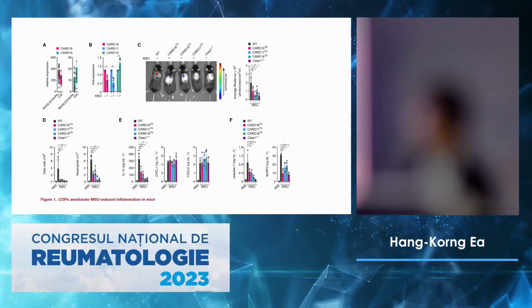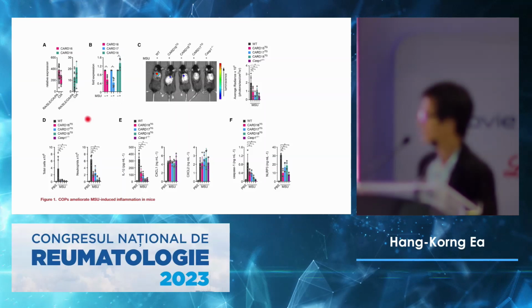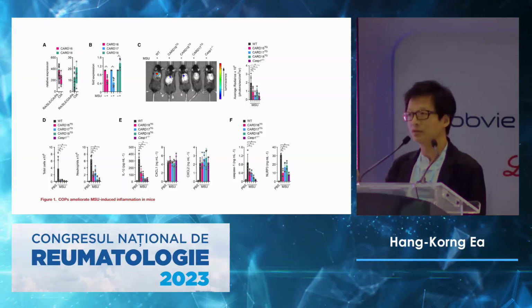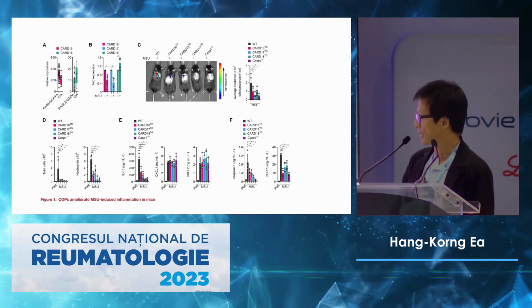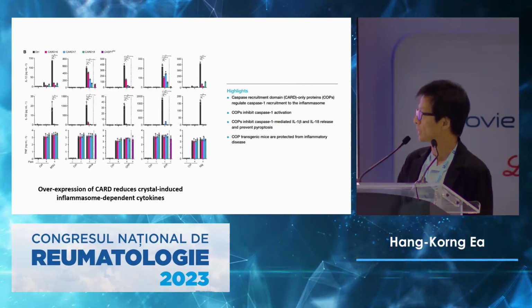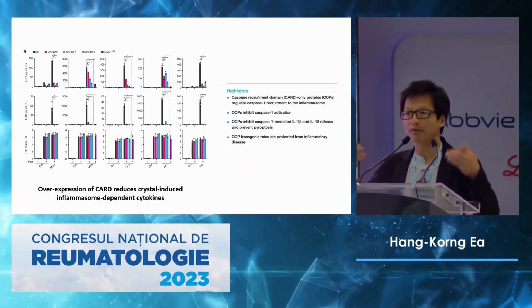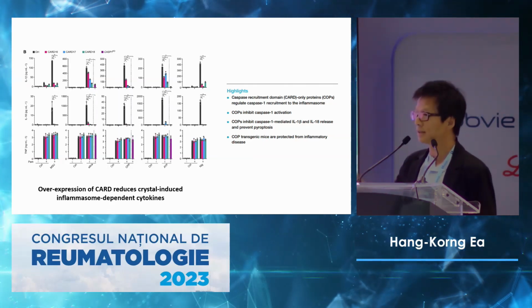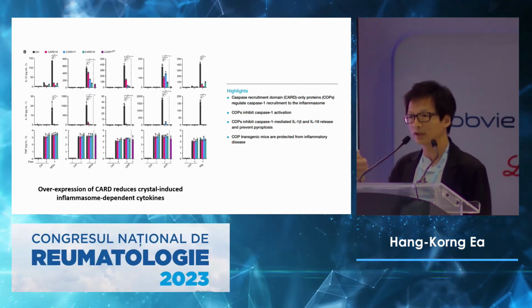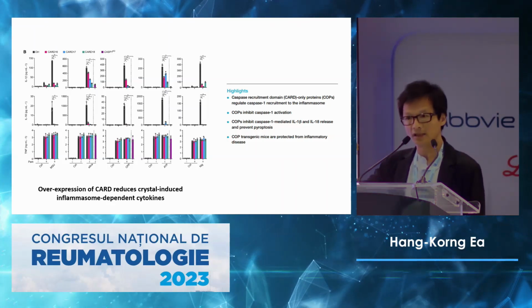The reduction of this inflammation is assessed by the decrease of cell infiltration, the decrease of IL-1 production, and the decrease of inflammatory cytokines. And this is specific to inflammasome-dependent cytokines. In the cells where the COP protein is overexpressed, the production of IL-1 and IL-18 is decreased.